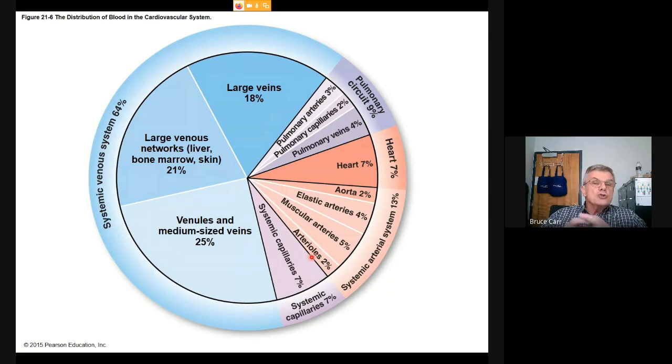But what we're going to do when we need increased blood pressure and more physical performance, we're going to constrict these veins and force this blood into this expanding network.